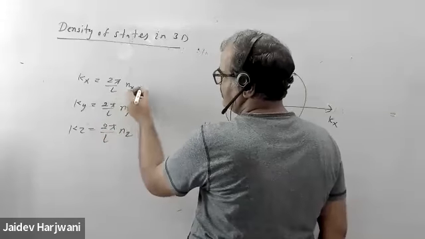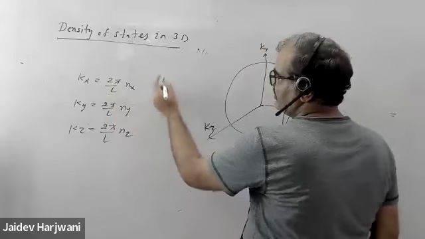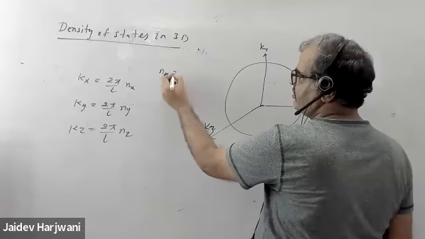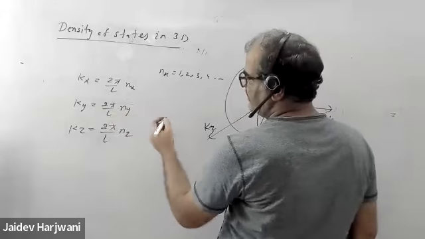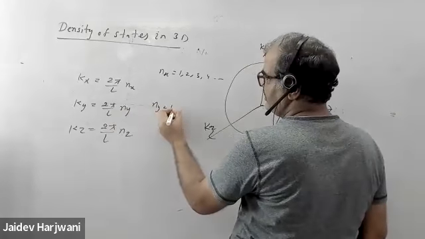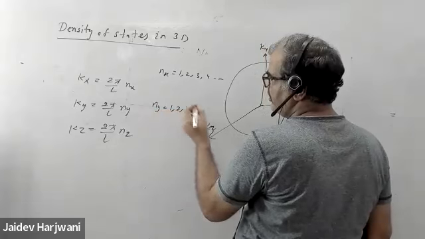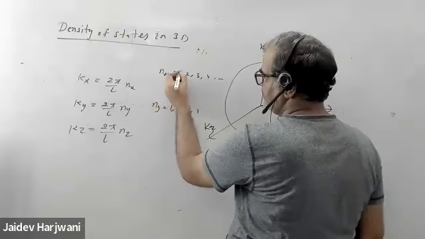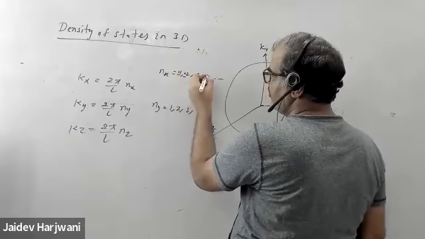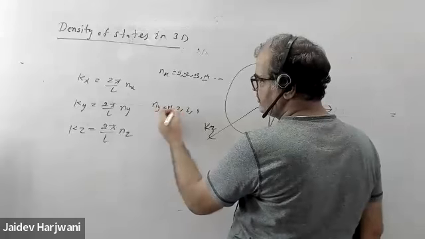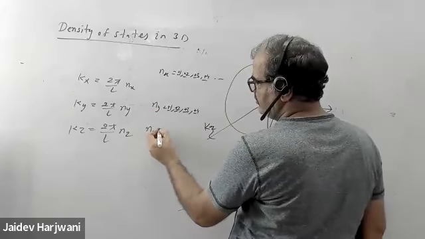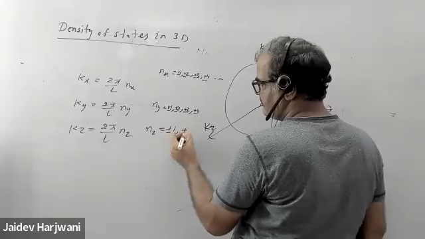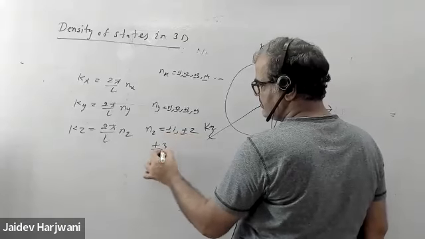And nx is 1, 2, 3, 4 like this. Similarly ny equals 1, 2, 3, 4, plus minus, because in the boundary condition you make plus minus there also. And nz is equal to plus minus 1, plus minus 2, plus minus 3, and so on.